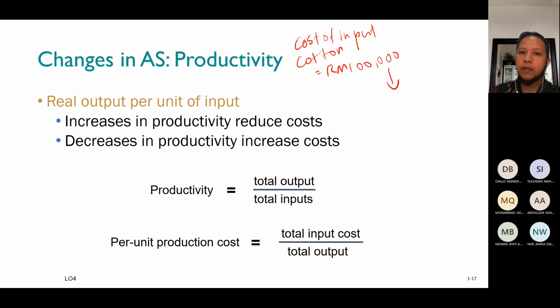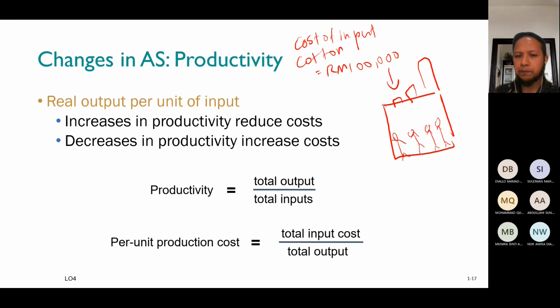Then they process it in the factory, and in this factory there are, let's say, 4 workers. When they produce from that factory, the shirts and pants are valued at, let's say, RM500,000.